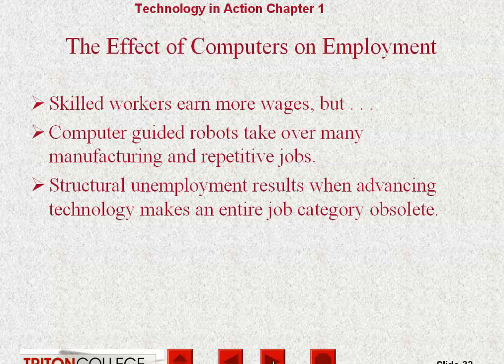Computing devices like robots can take over many of the manufacturing repetitive jobs, and this is bad because they replace people, but it's good because the people who basically supervise them, program them, maintain them, tend to make more money than the people working on the line. And we have what we call structural employment, when advancing technology makes an entire job category obsolete, like buggies, okay?